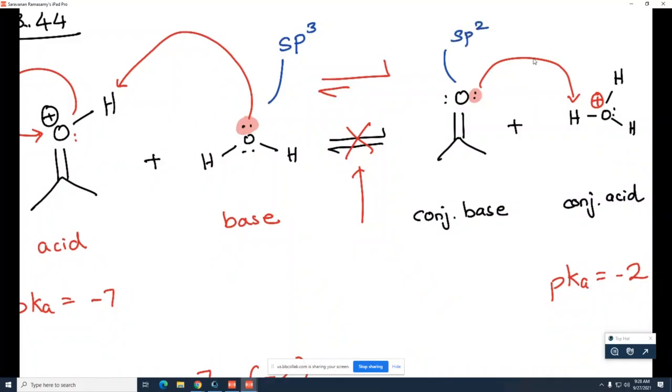Now, what is the orbital factor in ARIO? The smaller the orbital, the more stable it is. In other words, lone pairs in sp2 are more stable than lone pairs in sp3. So the conjugate base is more stable, and that's what the direction of the arrow indicates, right?